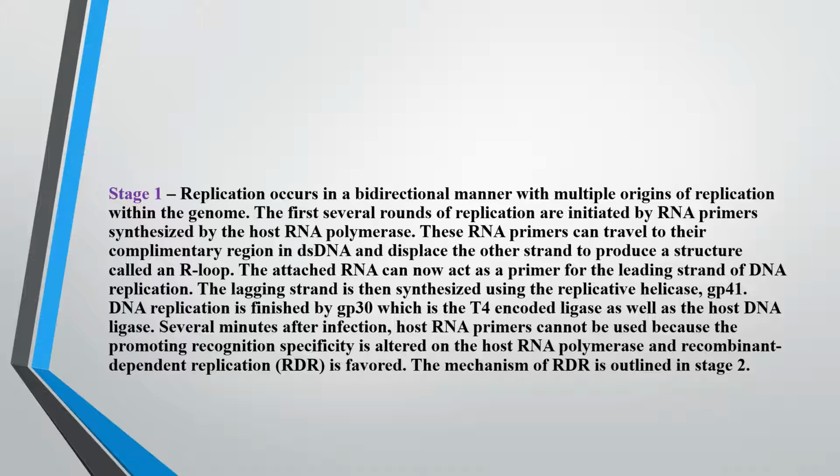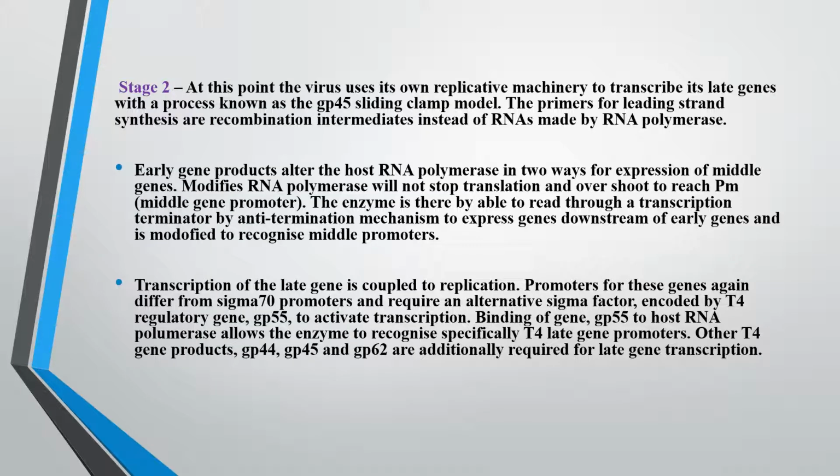After several minutes of infection, host RNA primers cannot be used because the promoter recognition specificity is altered. Second stage: at this point, the virus uses its own replicative machinery to transcribe its late genes. This process is known as the GP45 sliding clamp model.